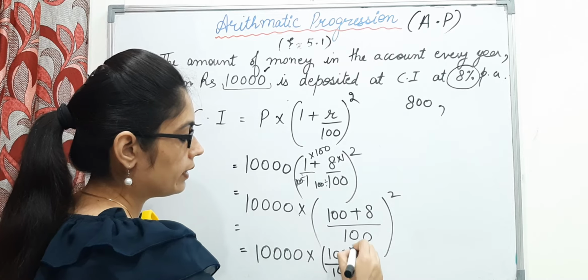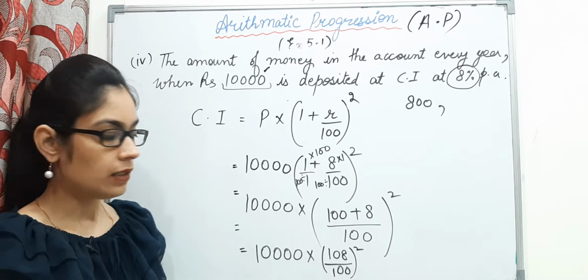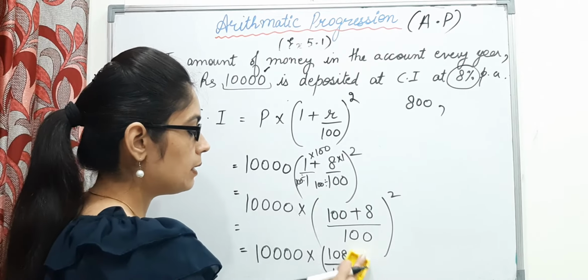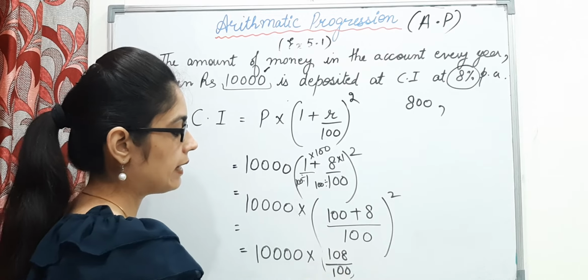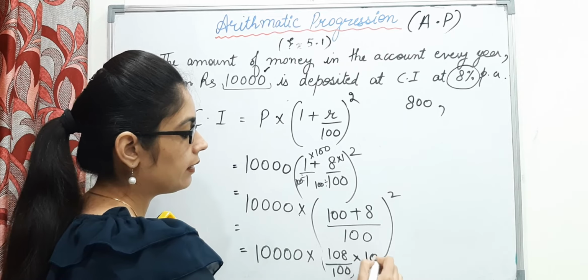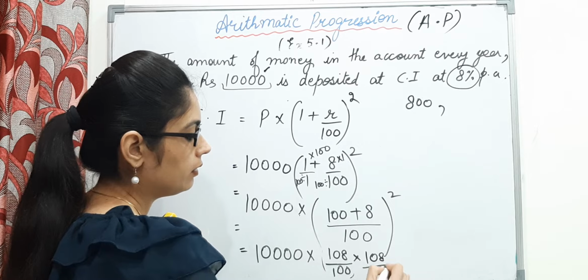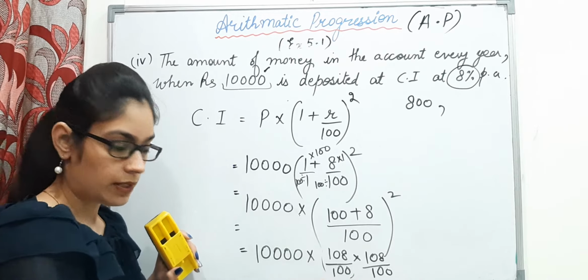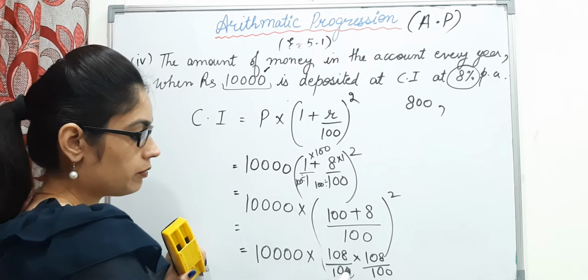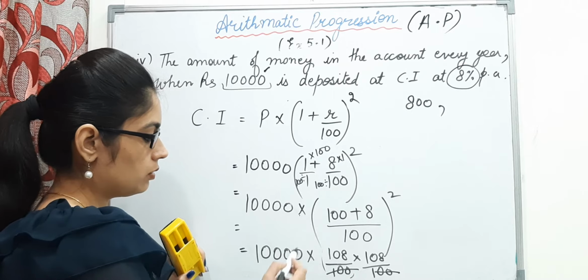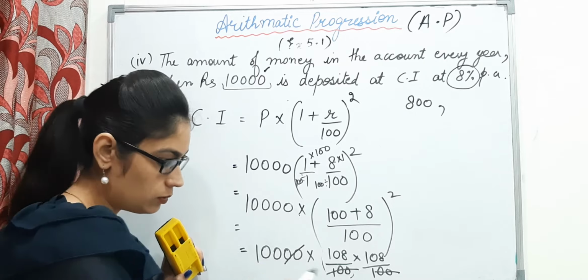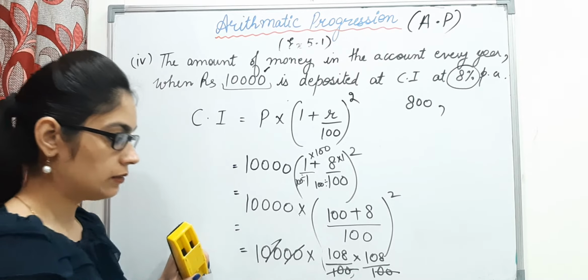See, this whole square is there. Whole square we can write it whole square also, or we can multiply it 2 times. So directly in this step only we can write 108 by 100. Square means 2 times we have to multiply. So if we multiply 2 times, these 2 zeros will get cancelled with these 2 zeros.